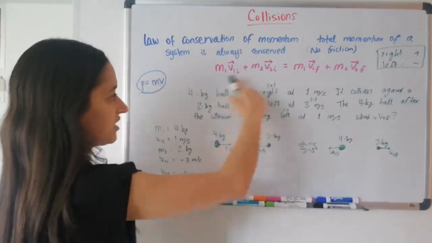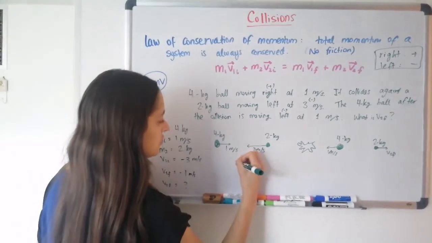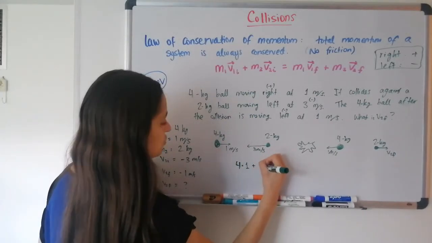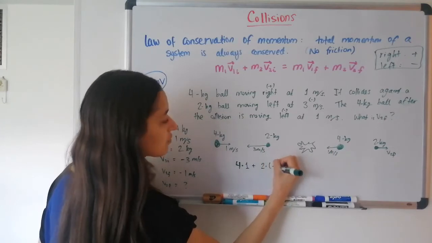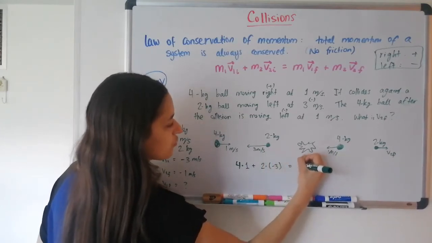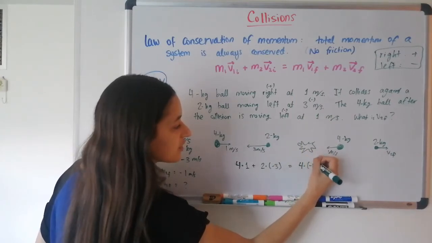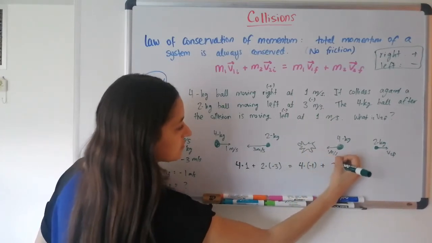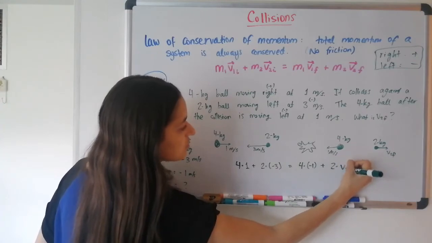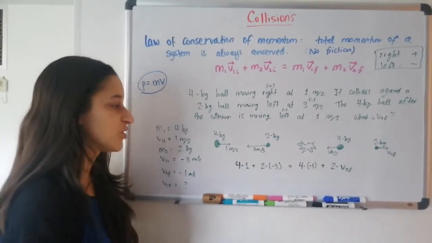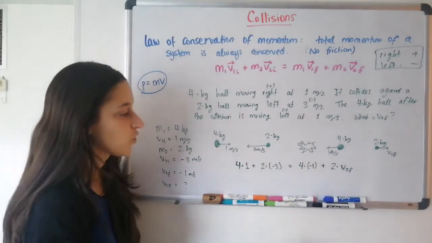So our equation, plugging in here, would be 4 times 1 plus 2 times negative 3 equals 4, the same mass, times, now it's negative 1, plus 2 times V2F. So it's a pretty long equation, but notice that these are all just numbers. So let me solve.